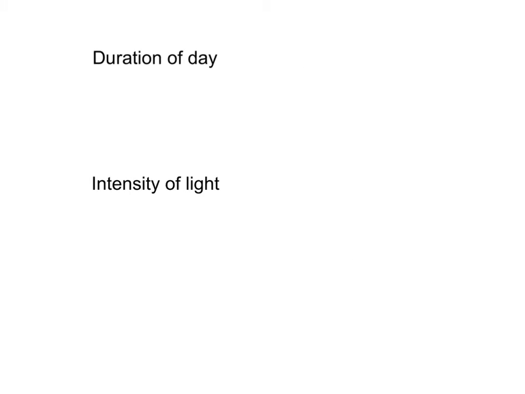Okay, so to sum up, we have two main reasons why we have seasons. And it all does begin with our tilt, that 23.5 degree tilt from the perpendicular to the plane of the ecliptic.